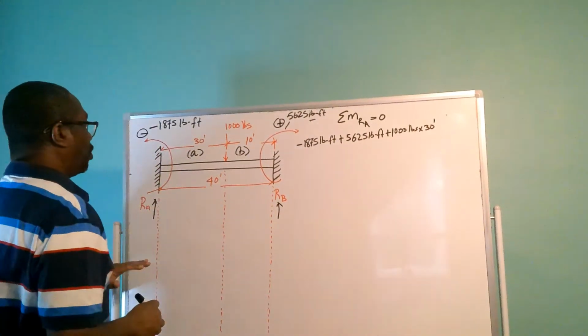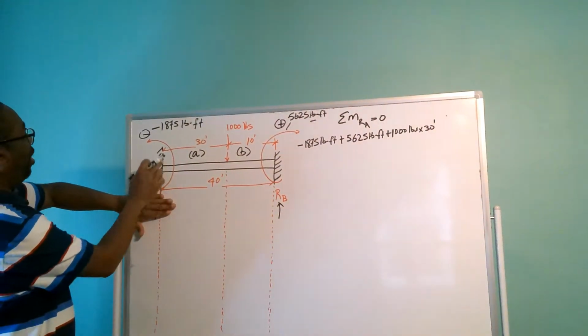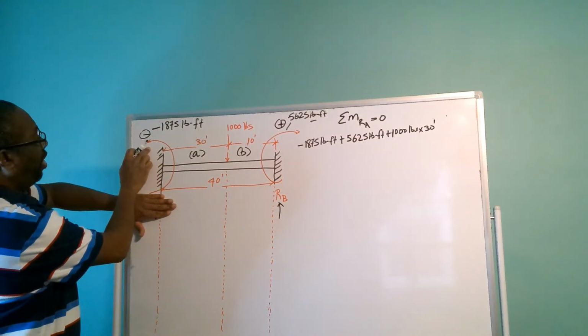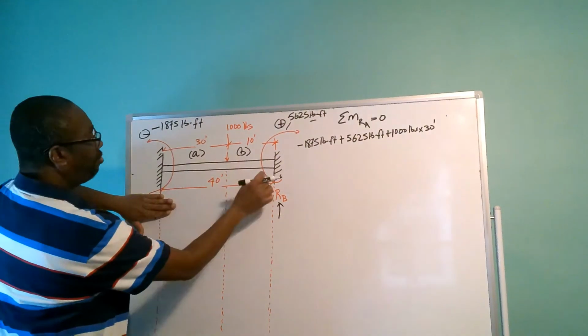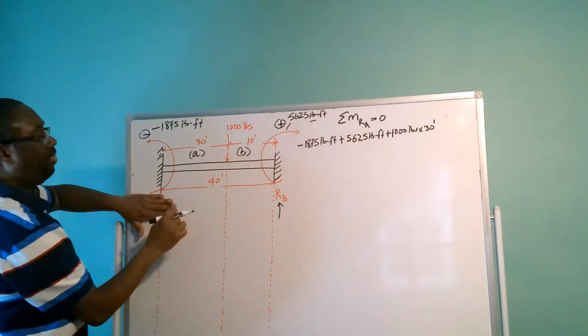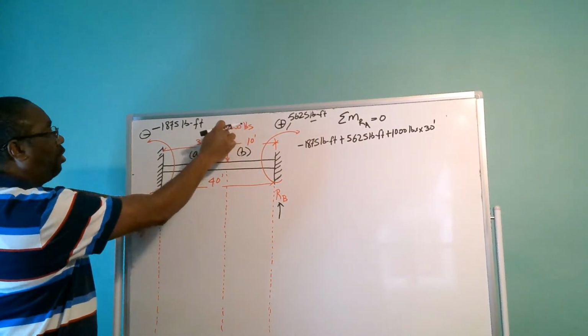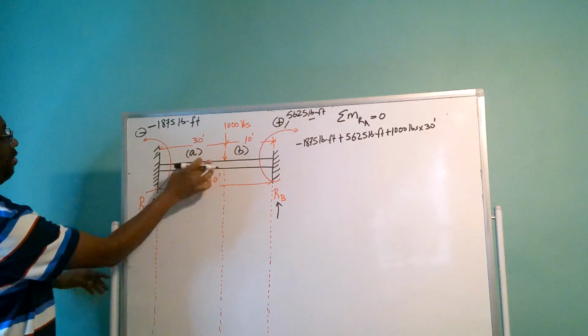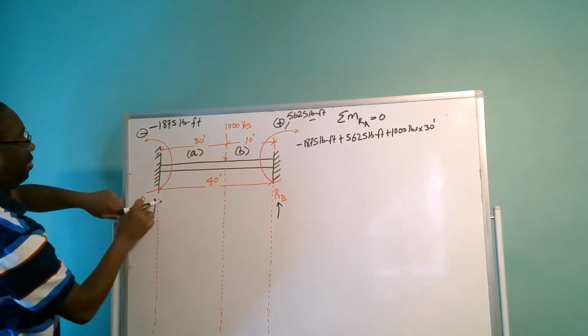So we have dealt with the moment here at A, we have dealt with the moment here at B, and we have dealt with the force coming down of 1,000 pounds acting 30 feet away from RA.